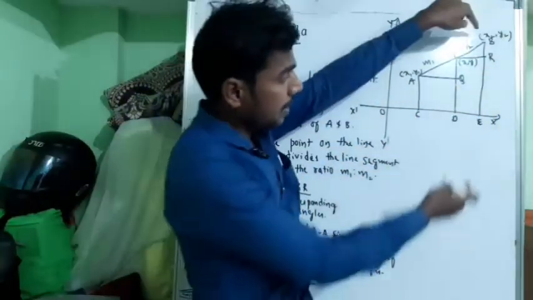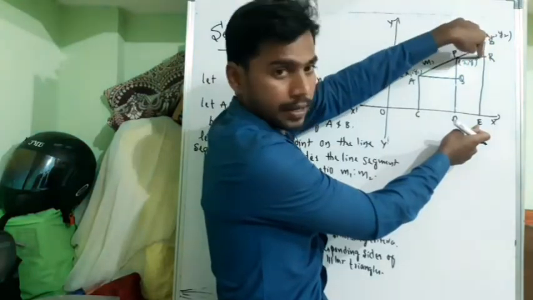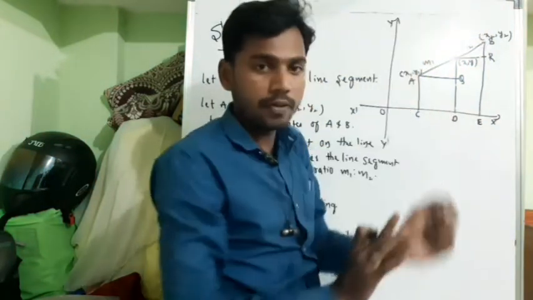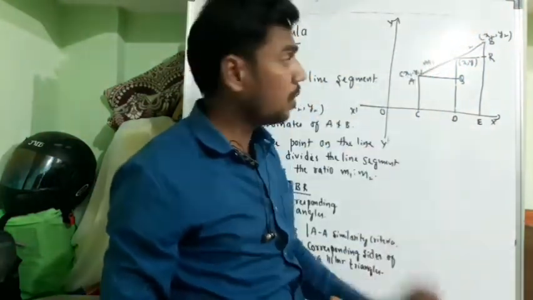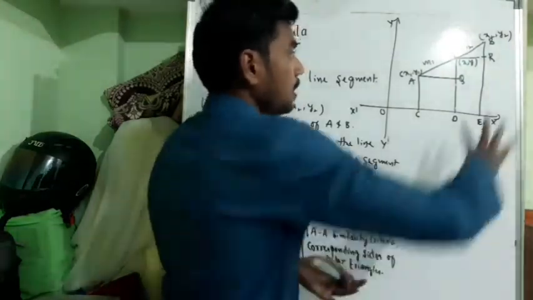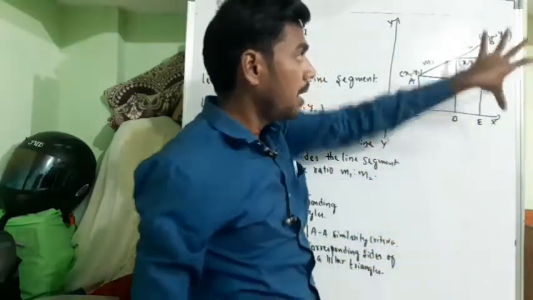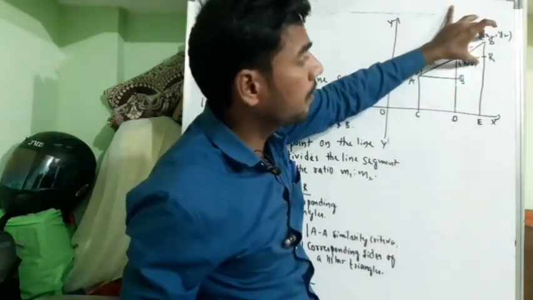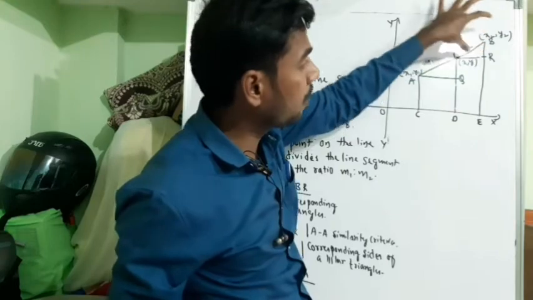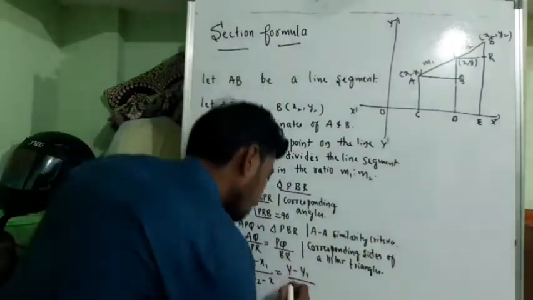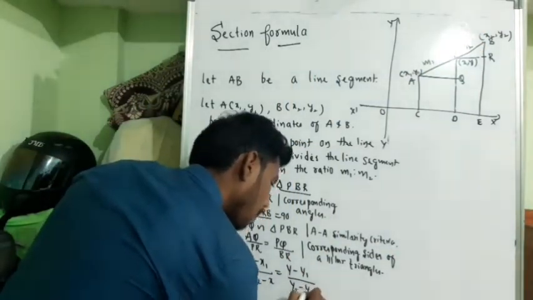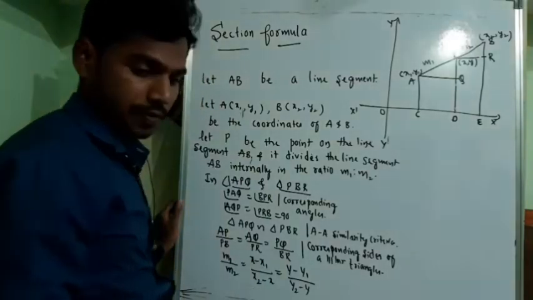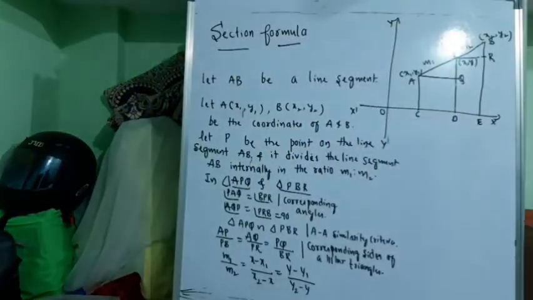To get BR, BE minus RE. The total length is y2, and in that I need to remove y. So BR will be equal to y2 minus y. Next.